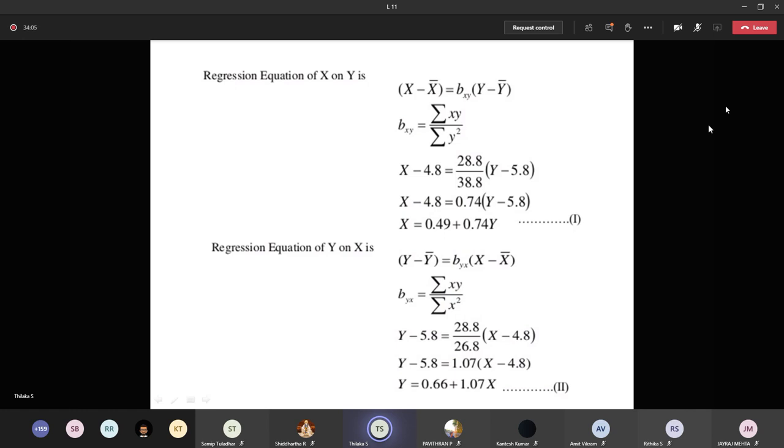So this gives the value of small y, and from the x variable, the difference between the x variable and its mean gives the small x. After calculating the small x and small y and the product of these, we can find out the correlation.